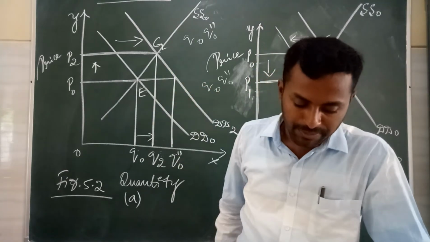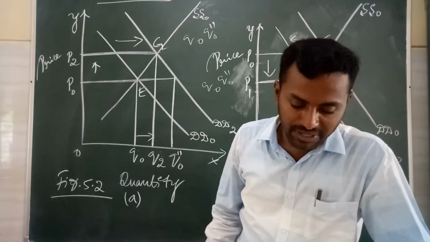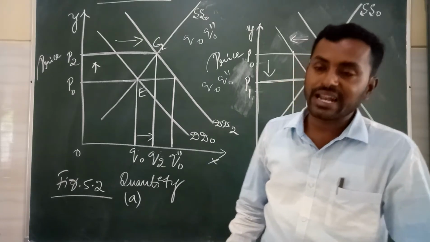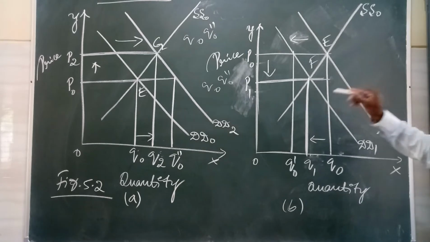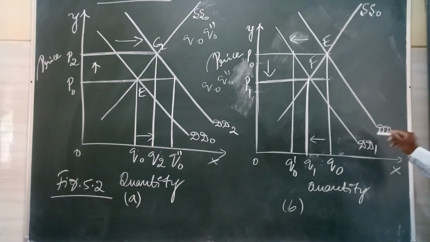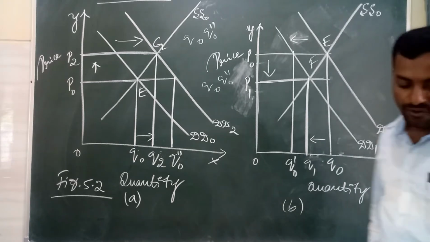Similarly, if the demand curve shifts leftward, this is panel B. The demand curve shifts leftward from DD0 to DD1. What happens?